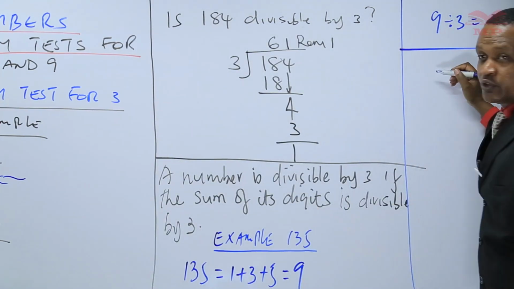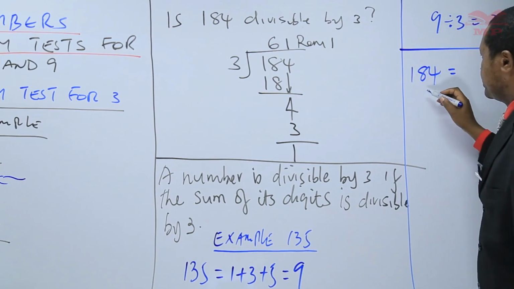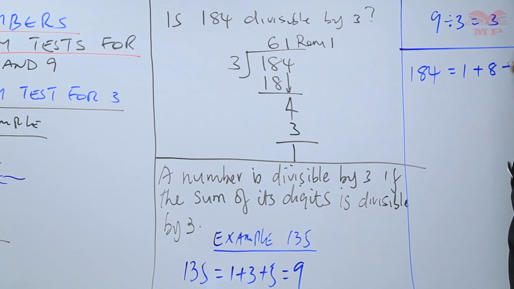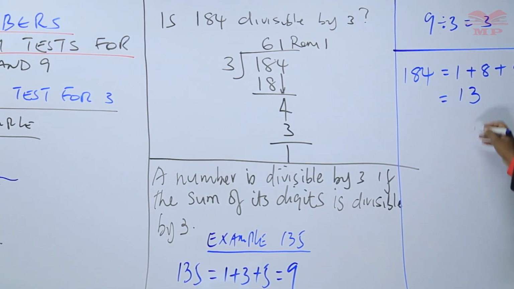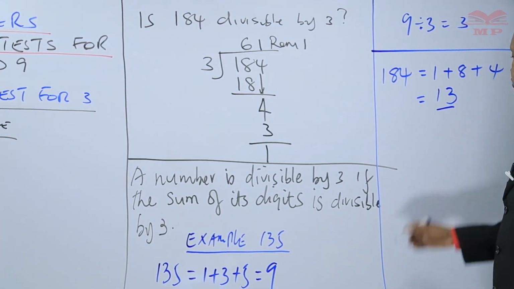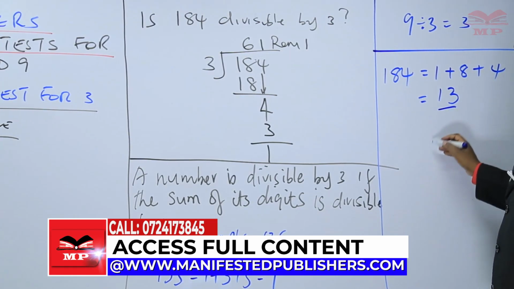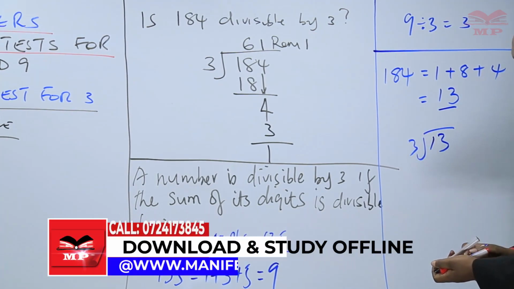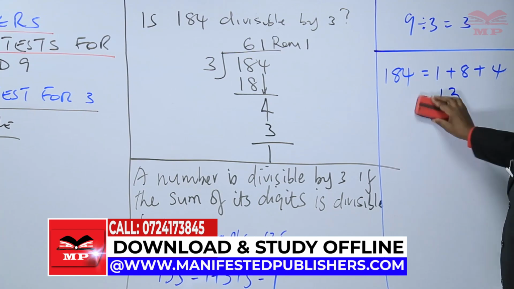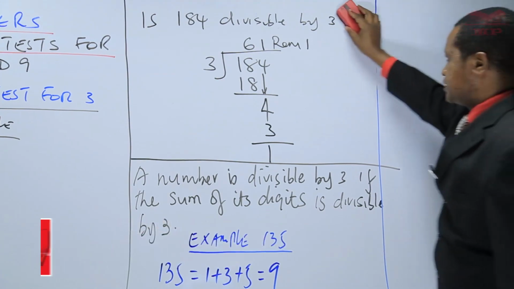Is 184 divisible by 3? Let us get the sum of 184, we add 1 plus 8 plus 4. 1 plus 8 plus 4 is equal to 13. We all know that 13 cannot be divisible by 3 because this one is a prime number. If you cannot divide 13 by 3, it is not divisible. So that is the test you carry out to find if a number is divisible by 3.